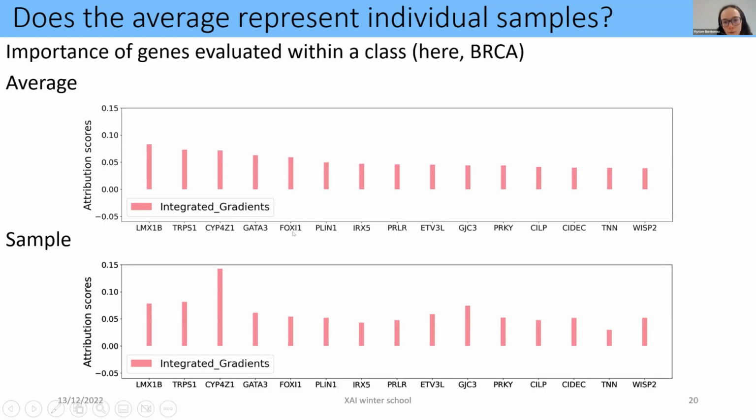This is another sample, and it's still not too far from the average, but this one is a bit higher than the other one. And we also have this sample. In this case, it's completely different because there are important genes which have a negative impact on the prediction. This highlights the fact that if we only looked at the average, we would miss the variability we have within our classes. And this is something that we don't want to do when we work with biological data.